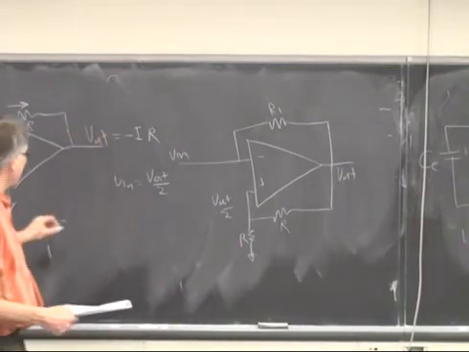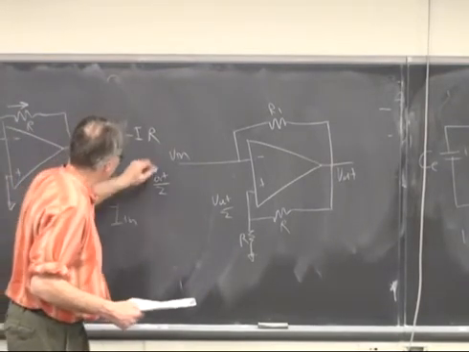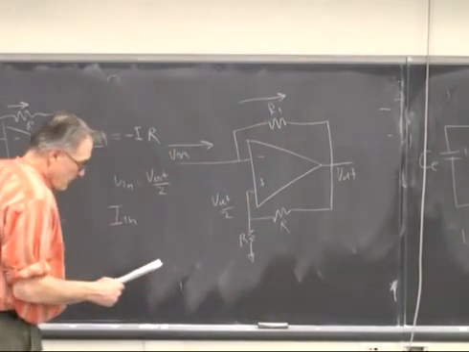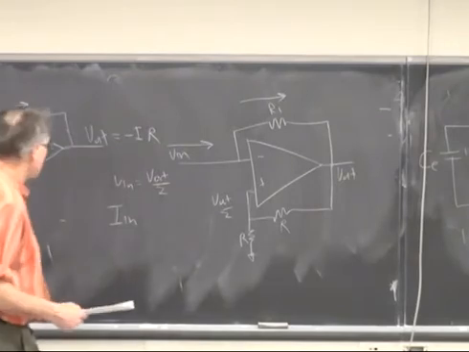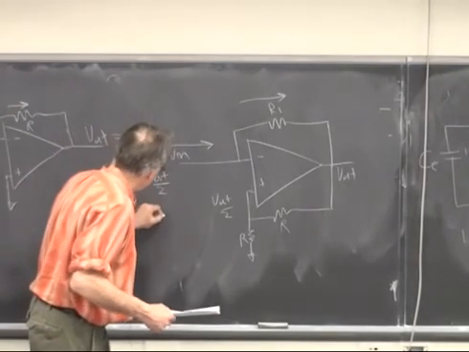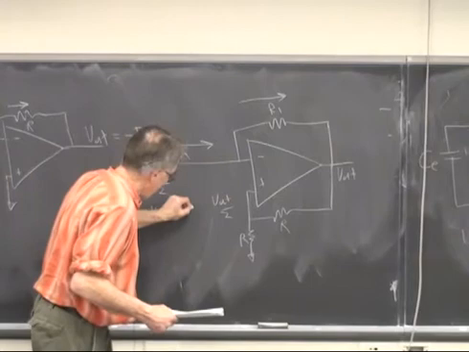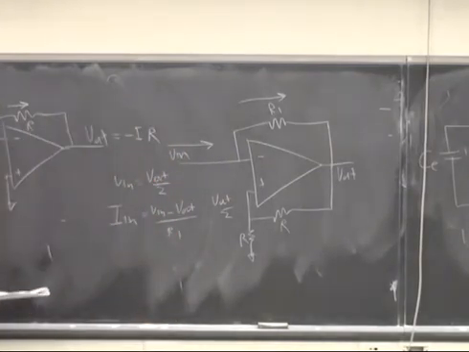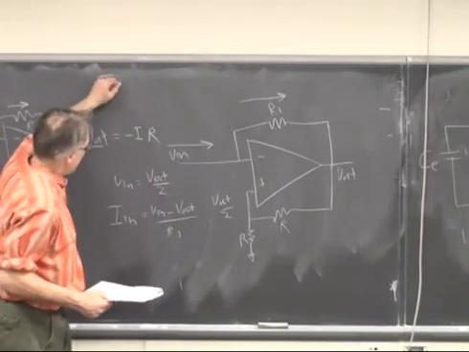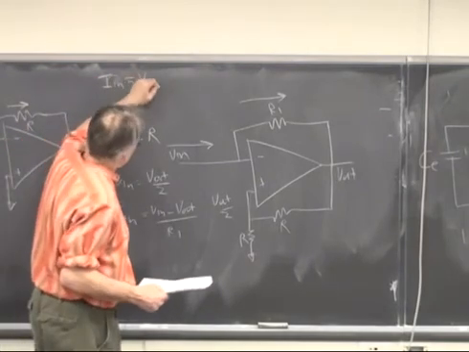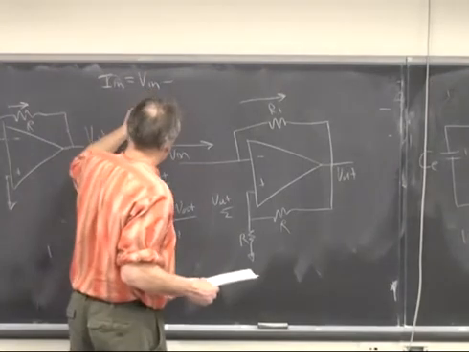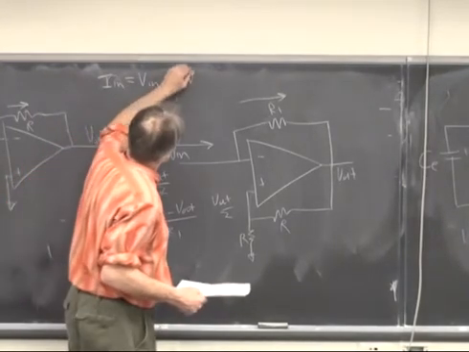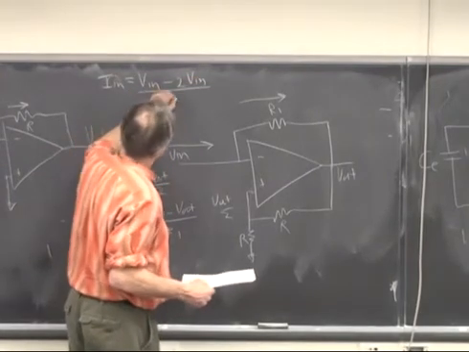The current flowing into the terminal, I in, would be given by V in minus V out over R1. So I in is then V in minus 2V in over R1.